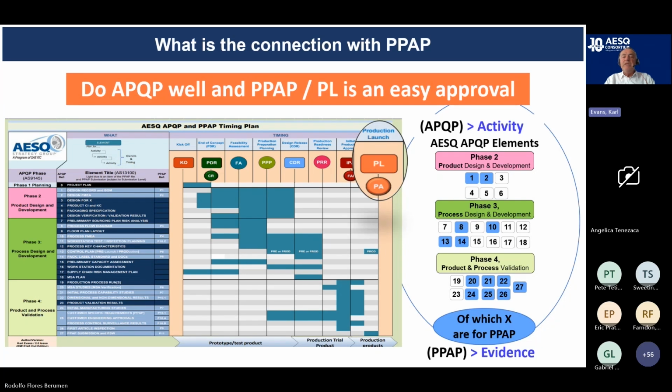Today, we want to present to you a flight path through APQP. We hope it's been really helpful for you. Final messages on this would be, please go away with the thought of APQP is the activity driver, PPAP is the evidence. Please do not think PPAP is the driver of this. It's an outcome. Really important on that one.